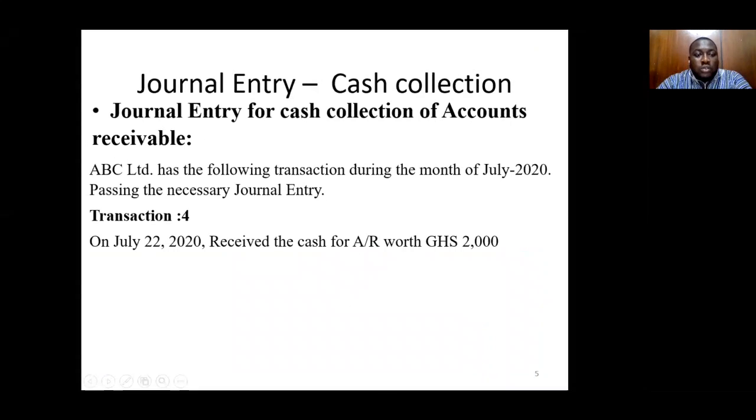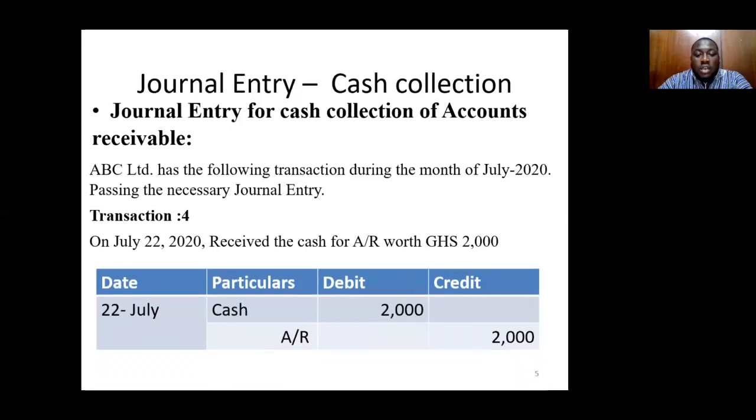With respect to cash collection, on July 22nd, the company received cash for accounts receivable worth 2,000. In passing the journal entries, cash account will be debited, increased as a result of increase in cash, and then accounts receivable credited as a result of decrease in accounts receivable.